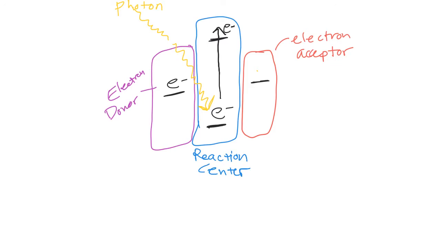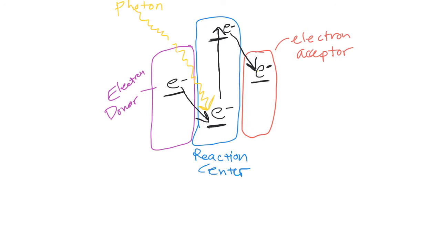So now that this electron is at a higher energy state, it can be accepted by this electron acceptor. And now there's no electrons in the reaction center. And so this electron donor then, now because there's no electron in there, it can donate an electron into that lower energy state within the reaction center.